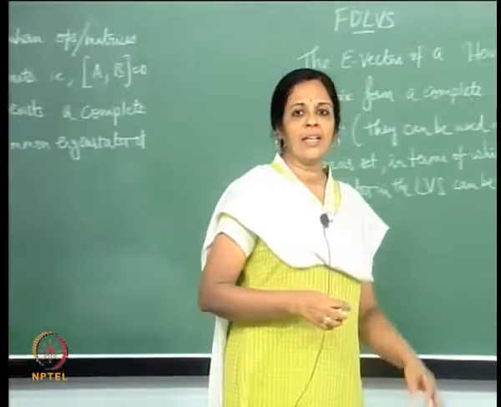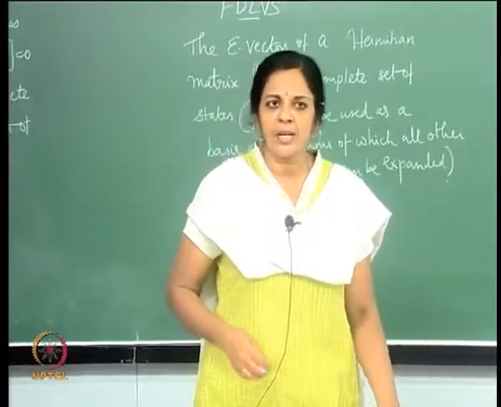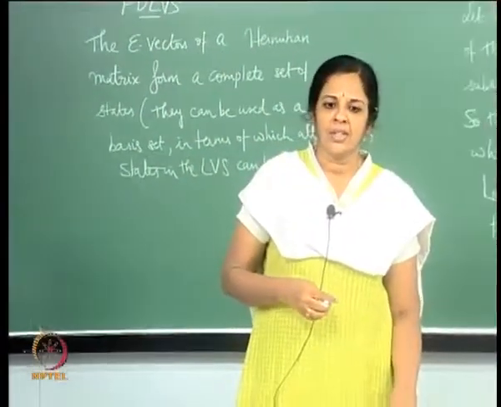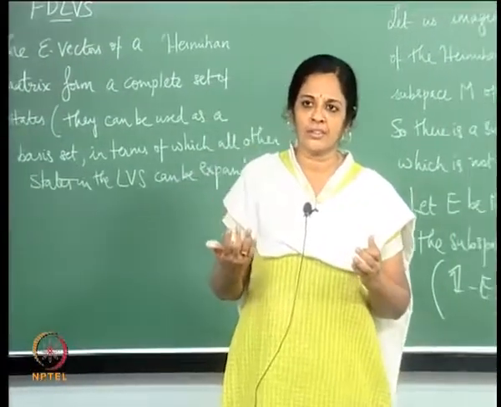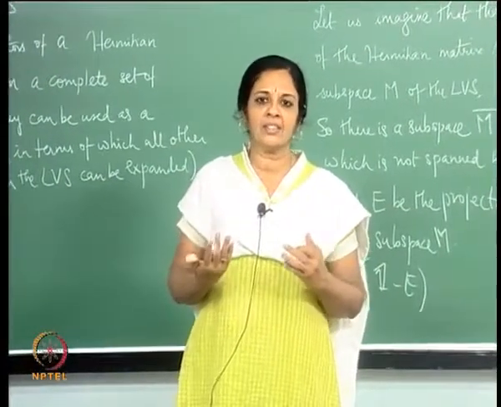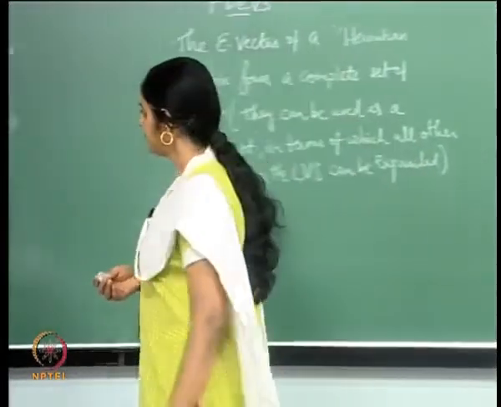You will recall that this too has been established in the context of the spin system, where we had two Hermitian operators S squared and Sz which commuted with each other.